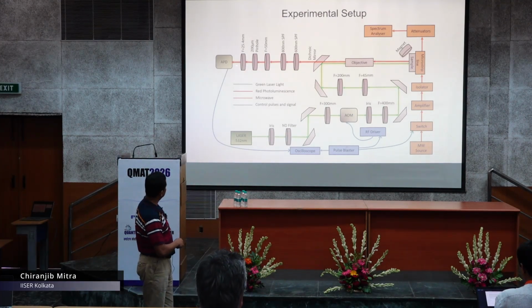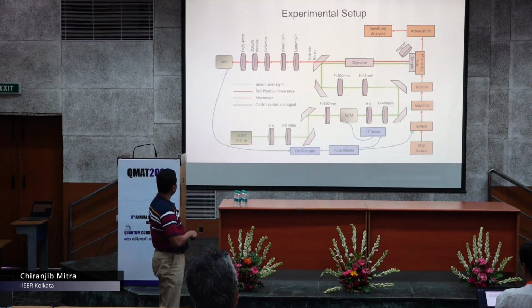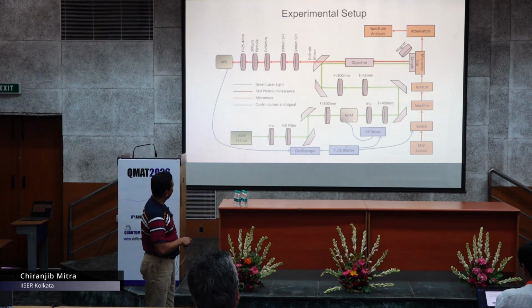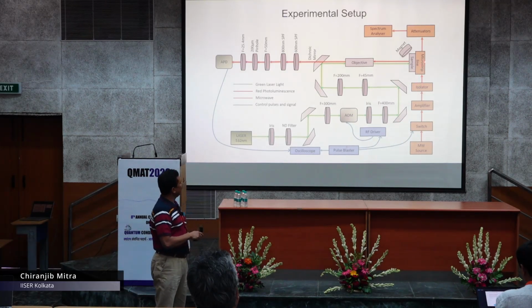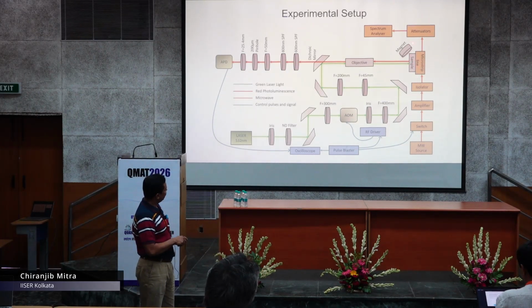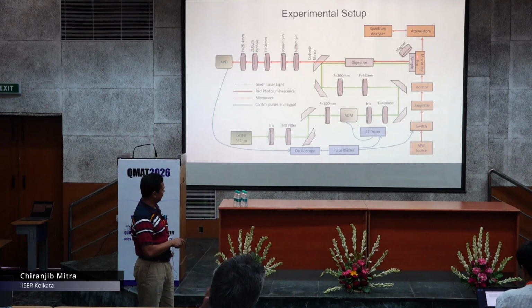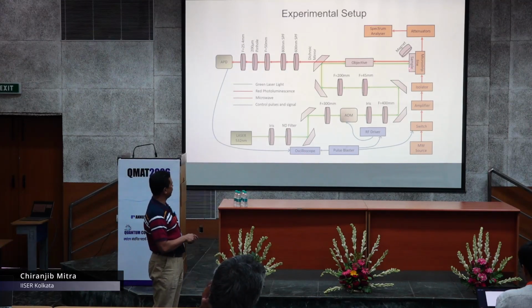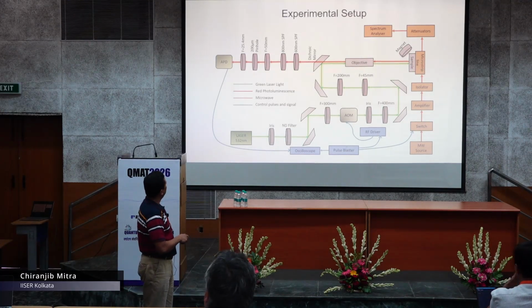So this is the experimental setup. Basically we put a green laser here, and we modulate this laser using an acousto-optic modulator and put it on the sample, which is on a microstrip line. The microstrip line is like a microwave antenna, used to pass the microwave there and excite the sample.